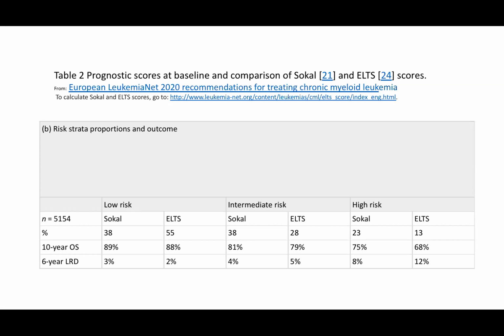How do you talk to patients who are ELTS high risk? Look at it, because the leukemia-related death is very high, 12%. So if you put this down on a case paper, how do you discuss it with the patients? You put it down on your case paper, right? Yes.